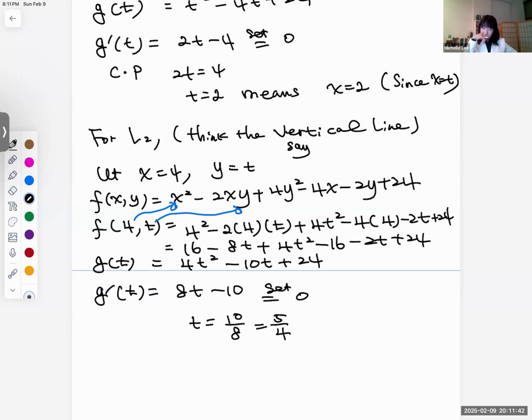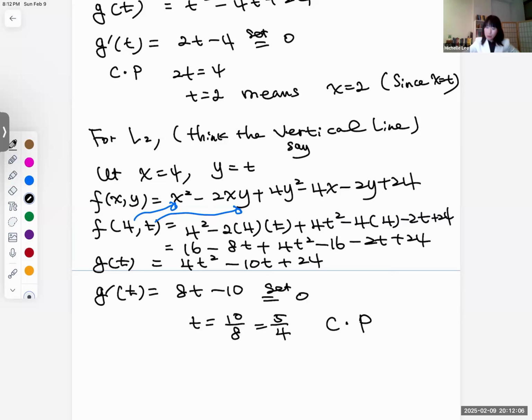So this is a critical point. Basically, from the function we find the critical point, and we need to find all the critical points from the lines, right?